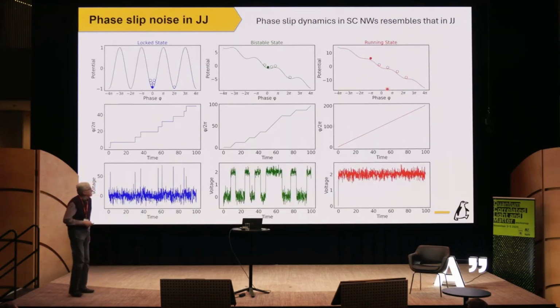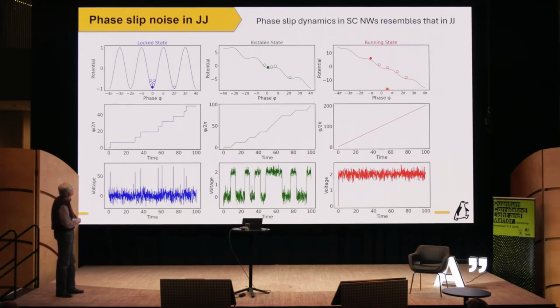And here is graphically the situation. You have the potential on the top, and then here is the phase behavior, and this is the voltage. If you have very small tilting of the potential, you can have very infrequent phase slips and very infrequent voltage pulses, and this is the case where you have the shot noise in your system.